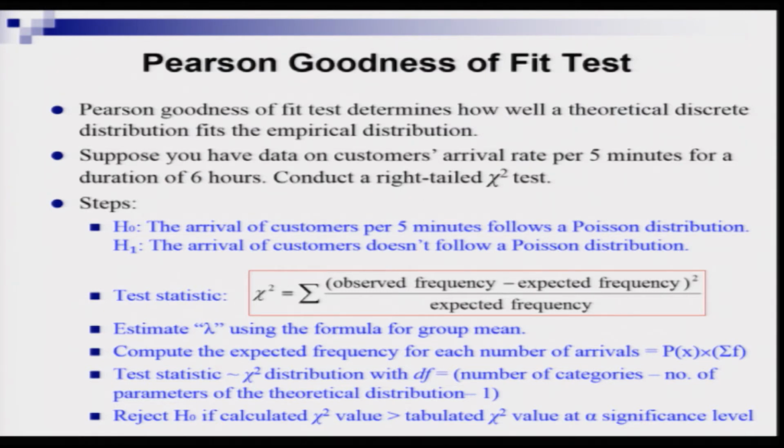There are two types of goodness of fit tests, one for discrete distributions and the other for continuous distributions. When you are trying to fit a discrete distribution like binomial or Poisson to real life frequency observations, you make use of Pearson's chi-square goodness of fit test.